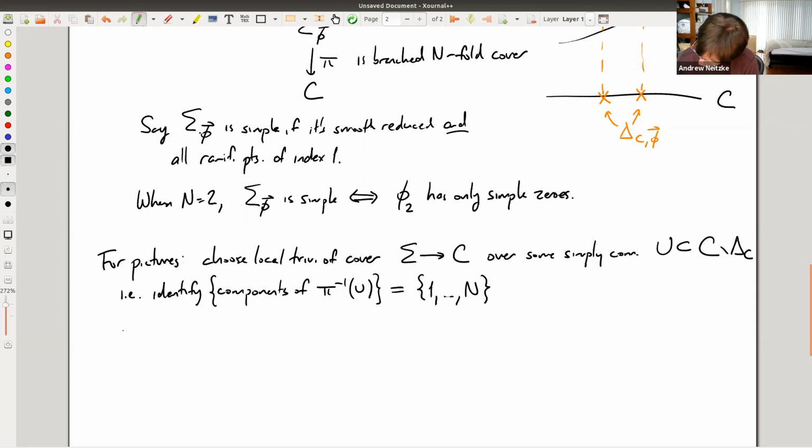So in particular, there's a maximal choice, which is to take u as big as I can. As big as I can is: I draw a branch cut emanating from each point of the discriminant locus. I take u to be the complement of the branch cuts.